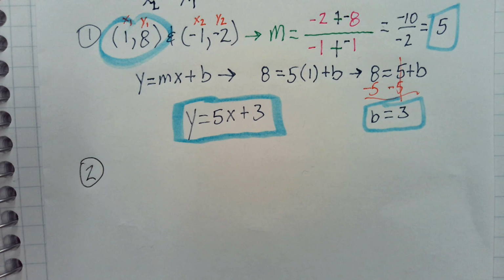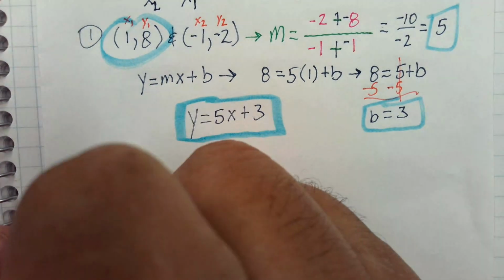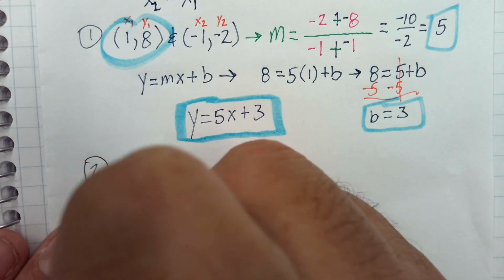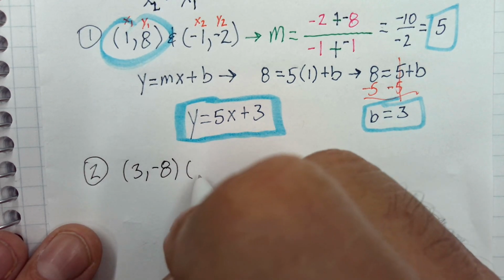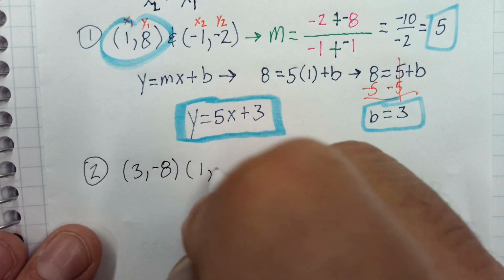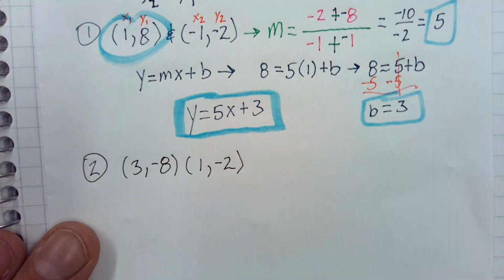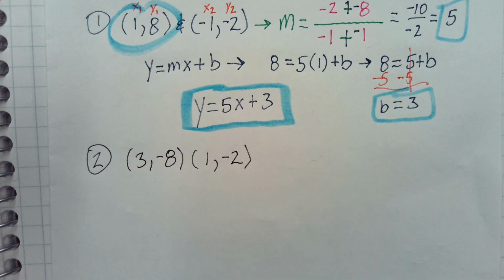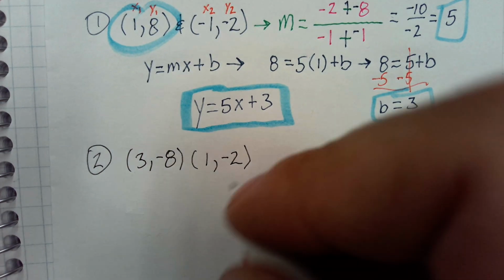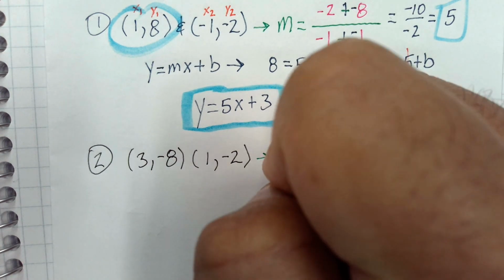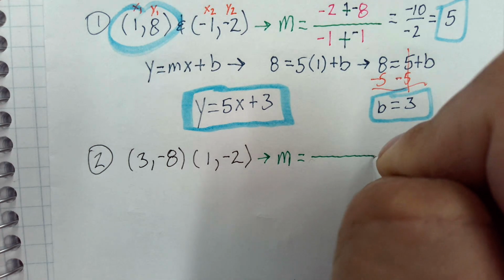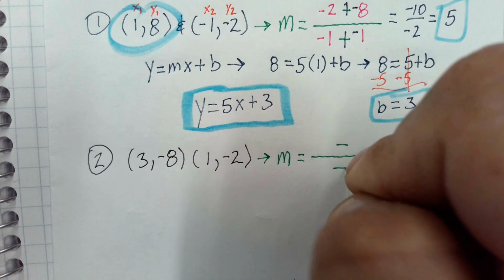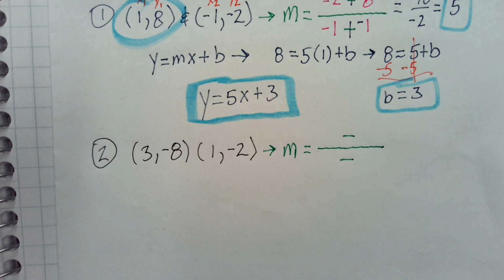Let's do the ordered pair 3, -8, and 1, -2. Okay, so the same thing. We're going to start by finding the slope. So let's plug in some numbers there.